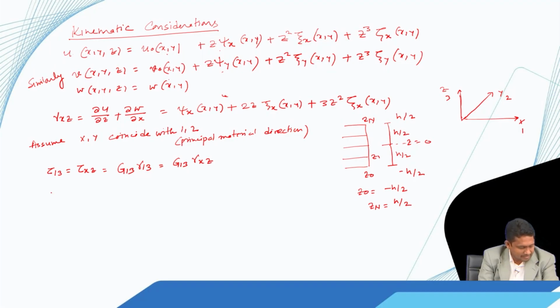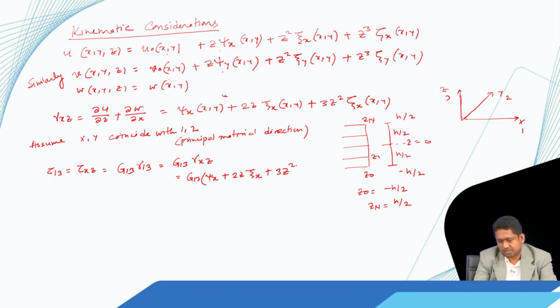So, at the top and bottom we can write, let us just complete this. So, this is G 1 3 multiplied by psi x plus 2z into xi x plus 3z square into zeta x.